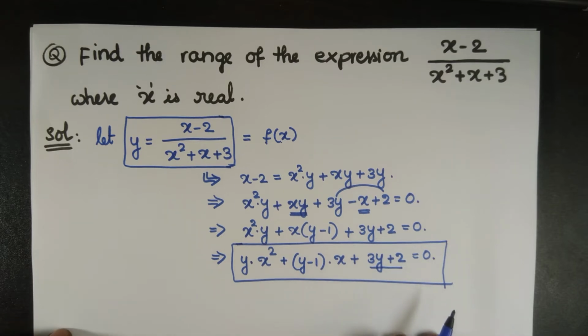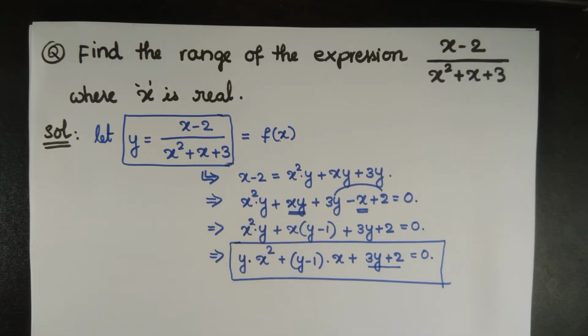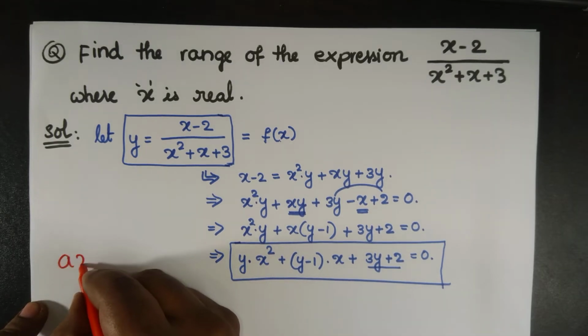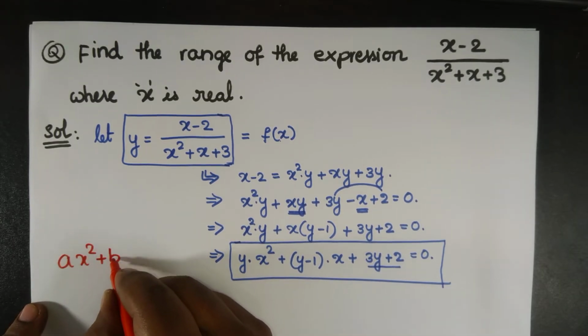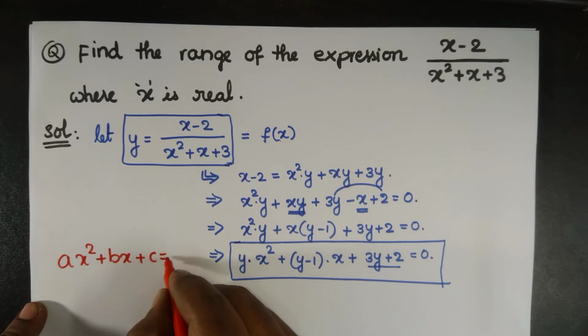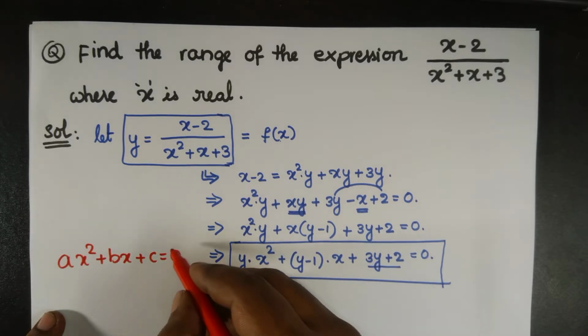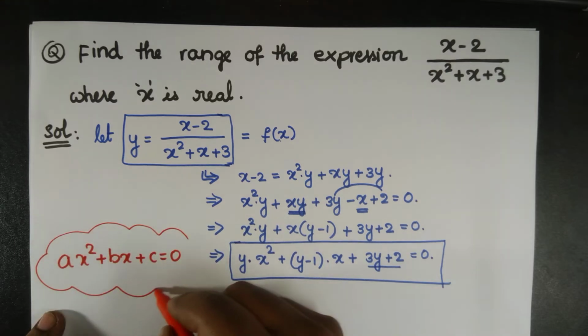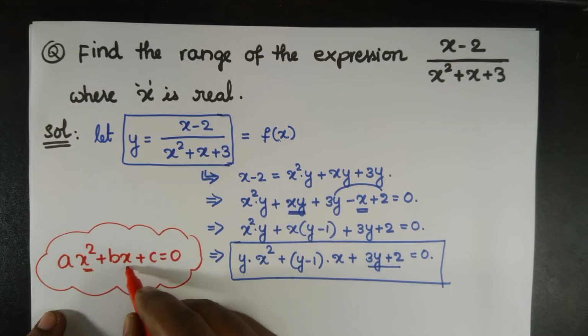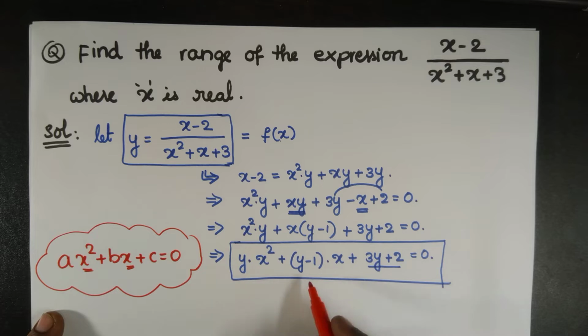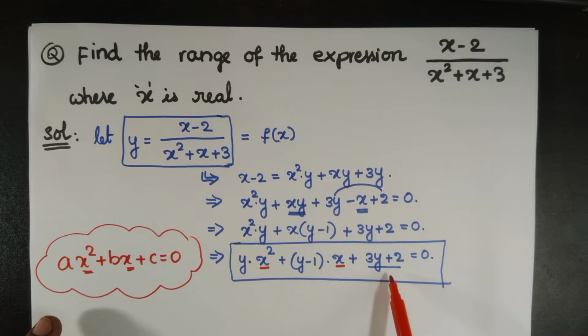Okay, so you can compare with your general quadratic equation, ax squared + bx + c = 0. So now a corresponds to y, b corresponds to y - 1, and c corresponds to 3y + 2.